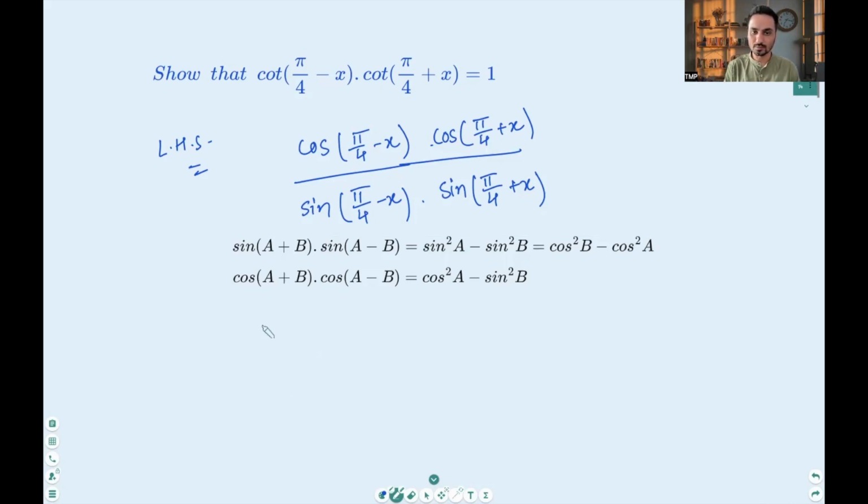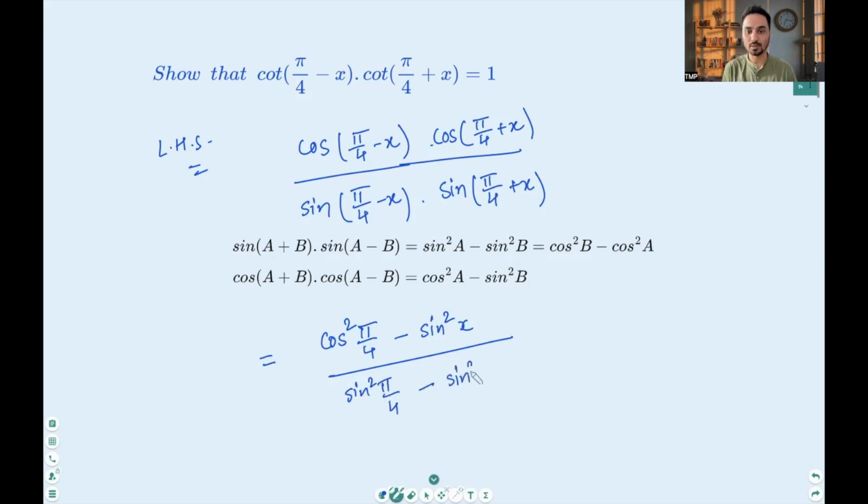So using these, the numerator can be written as cos square a, here a is pi over 4, so cos square pi over 4 minus sine square b, where b is x, so sine square x. Similarly, in the denominator we have sine square a, so sine square 45, minus sine square x.